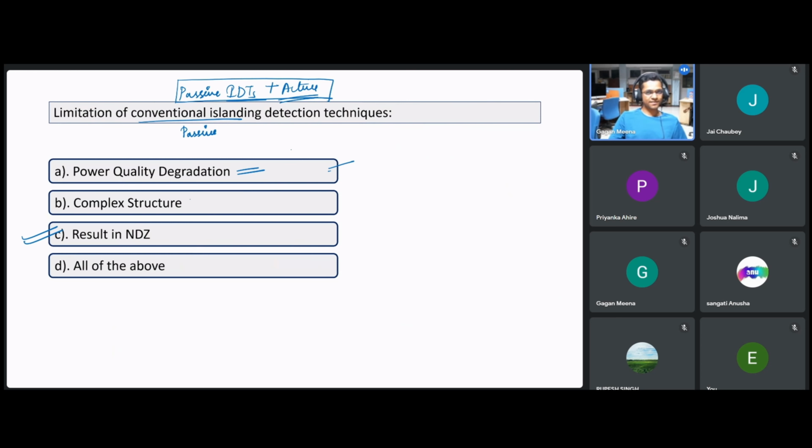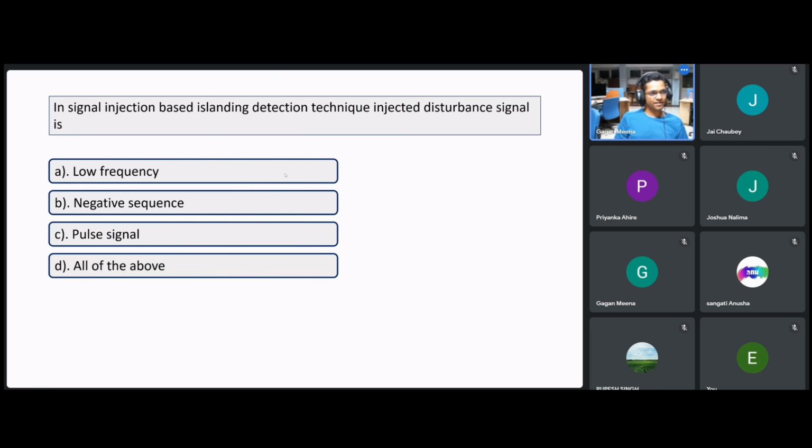Correct? Yes. This question is as per the lecture. There the conventional techniques include both the earlier versions of active and passive. So the answer is all of the above. Otherwise the answer would be only C.